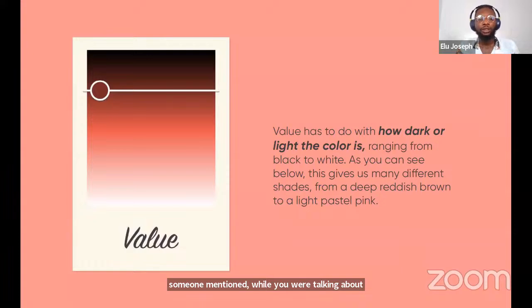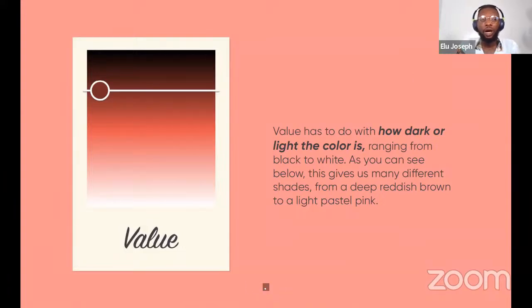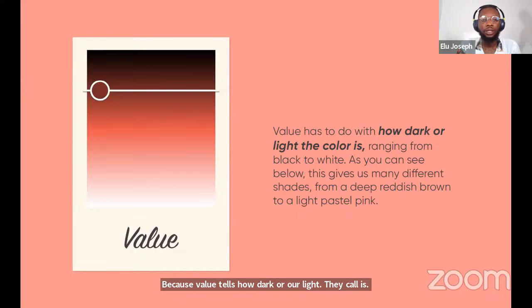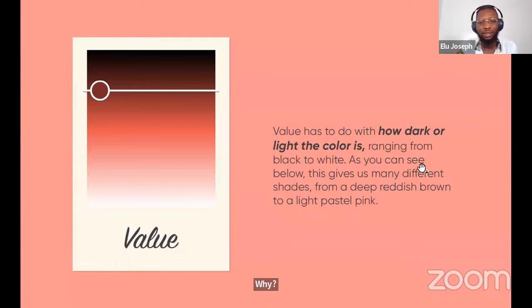And I told you that value is not one of them, but this is where value comes in. This is where value plays a major role because value tells how dark or how light the color is. They are distinctly different because value adds darkness and lightness to the color, while saturation adds either vibrance or dullness to the color.